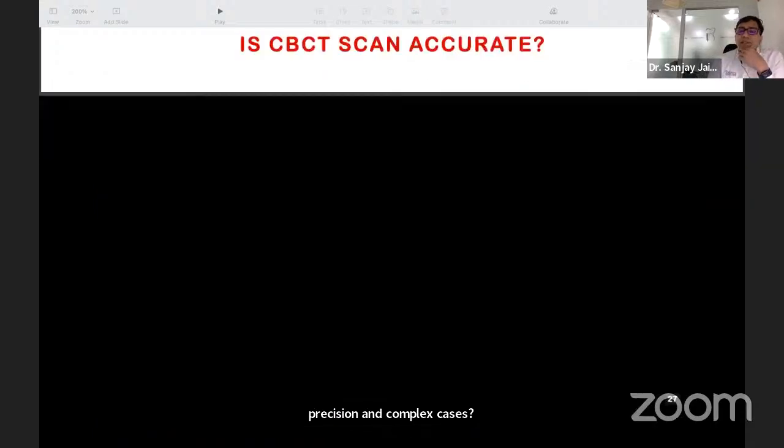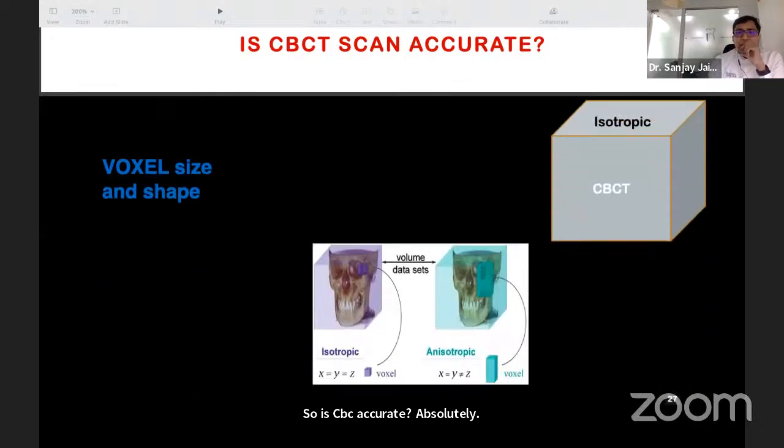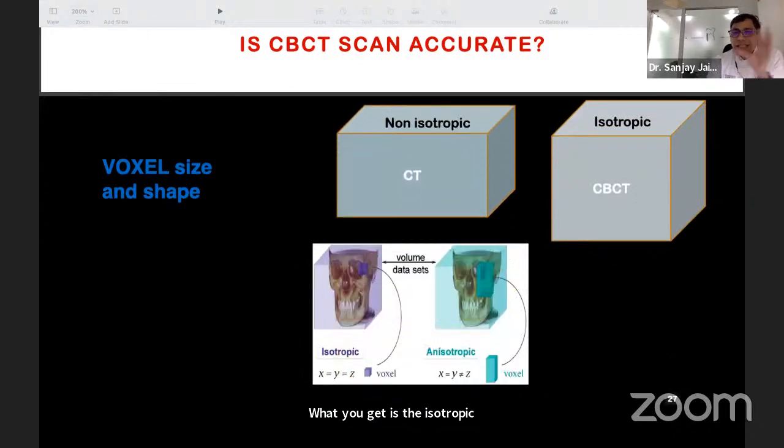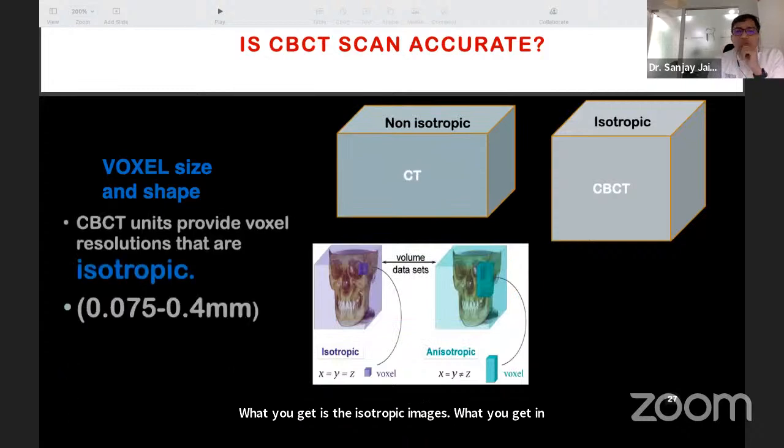So is CBCT accurate? Absolutely yes, because in CBCT what you get are isotropic images. What you get in a CT scan is anisotropic. What is isotropic? Isotropic is that physical property of an object which has the same value when measured in different directions.